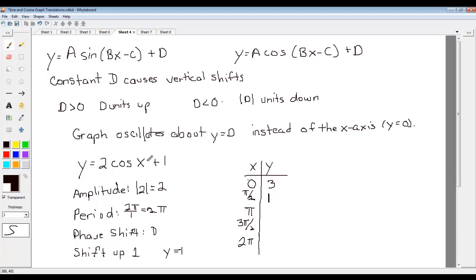Pi, cosine pi, you're going to get negative 1 times 2 is negative 2. So that's the stretch, down 2. But then you're adding 1, shifting up, so you end up at negative 1 again. Cosine of 3 pi over 2 is 0, times 2 is 0, plus 1 is 1. And then 2 pi, cosine 2 pi, you get 1, times 2 is 2, plus 1 is 3.